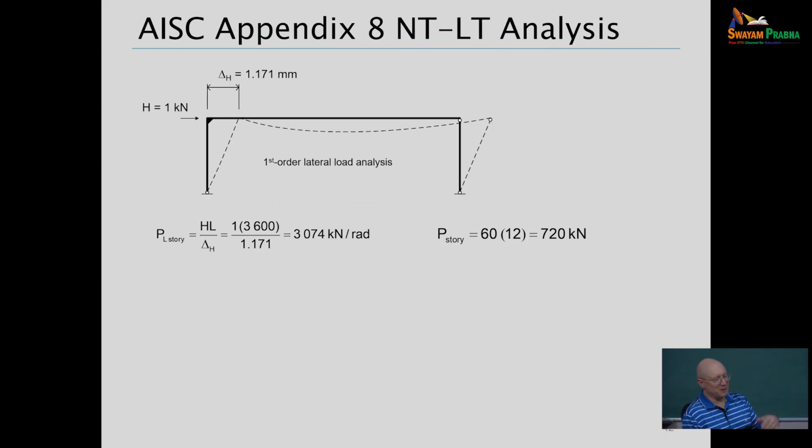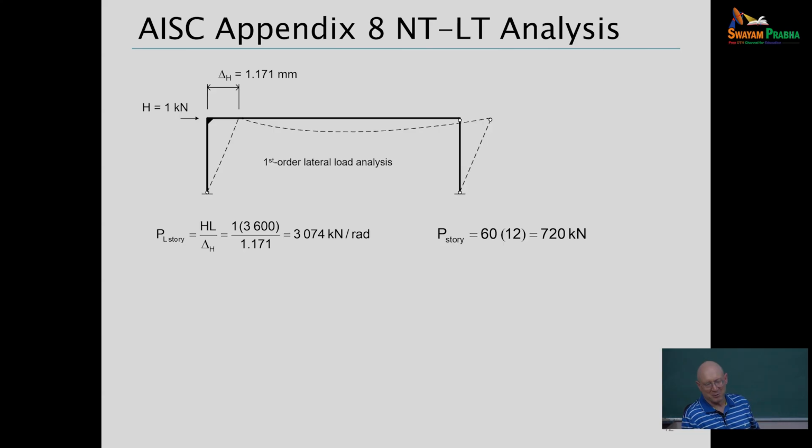So we need a few things to put this together. For this frame, given what I showed you with the dimensions and the member sizes a few slides ago, we need a lateral stiffness. Well, you could get a lateral stiffness given the wind load that I showed you, or it doesn't matter what the lateral load or the story shear is. What's the deflection? Okay, the stiffness is load over deflection.